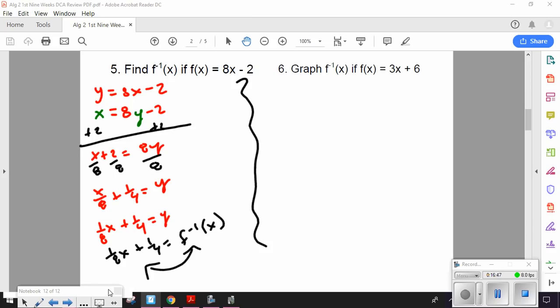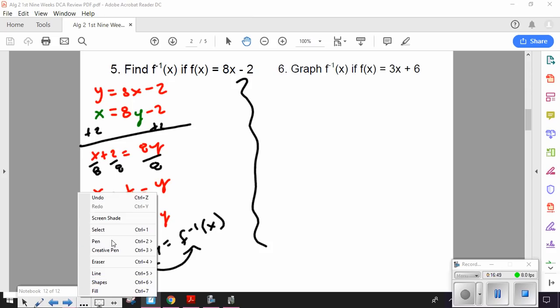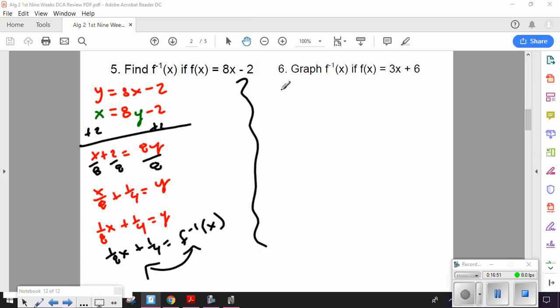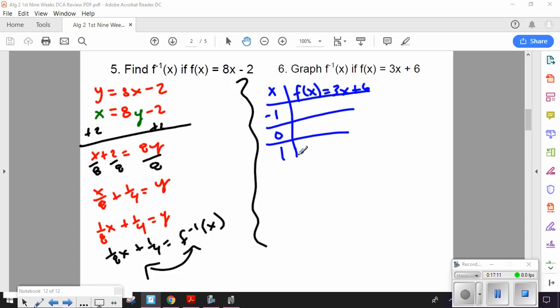Our first table is x, and this would be f of x equals 3x plus 6. So I'm going to pick a negative x, a zero, and a positive x. All right, and let's substitute it in.